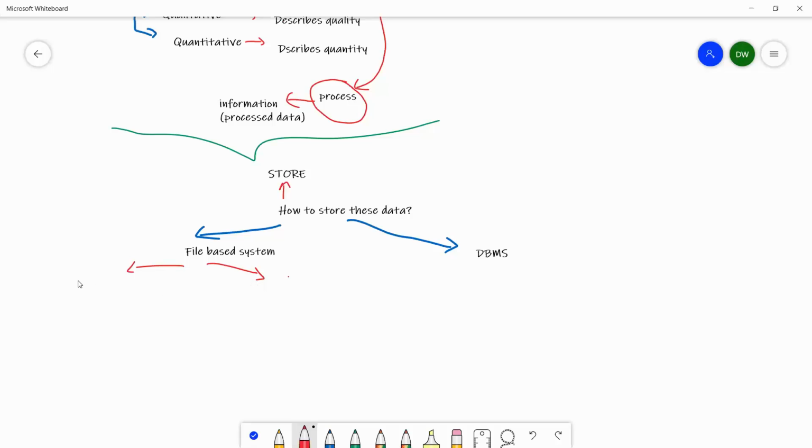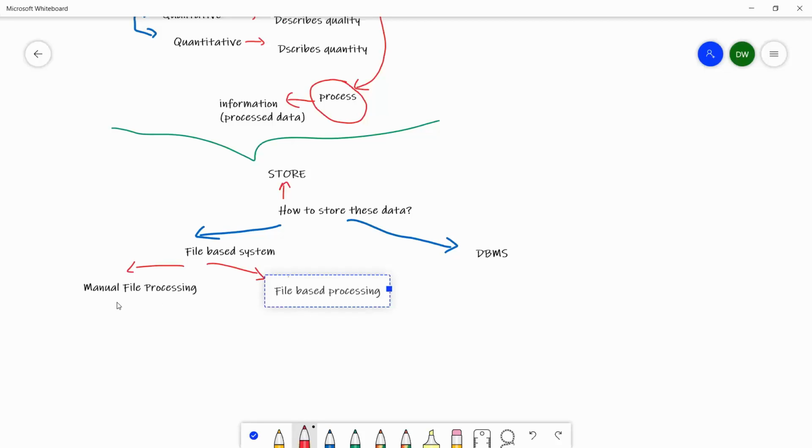So here we can have a manual system, that means manual file processing, and on the other hand we can have file-based processing, right? So how do we store this data, we can use a file-based system or we can use a database management system. And when we talk about a file-based system, we have two options, manual file processing as well as file-based processing.